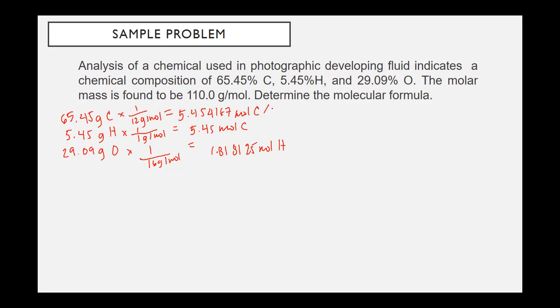So, we divide this all with what? 1.8125. So, computing now, we'll get a coefficient of ito, magiging 2.99 divided 1.